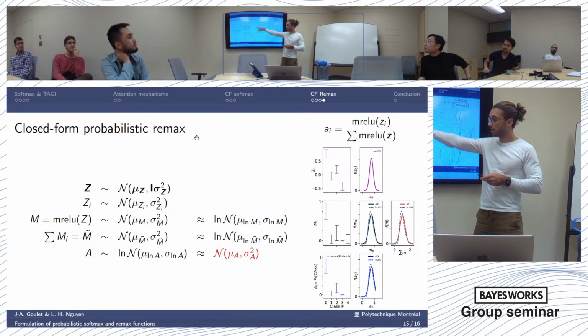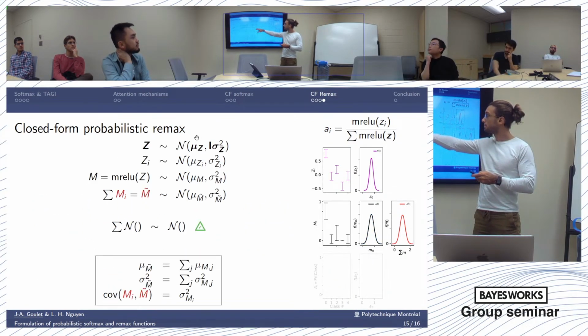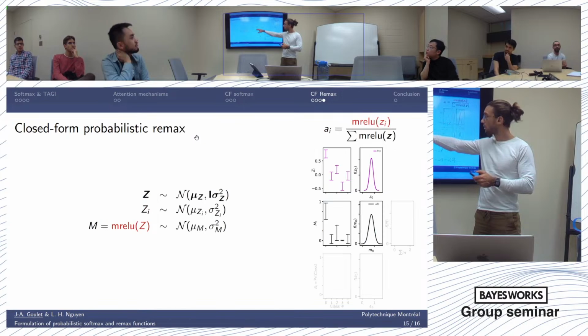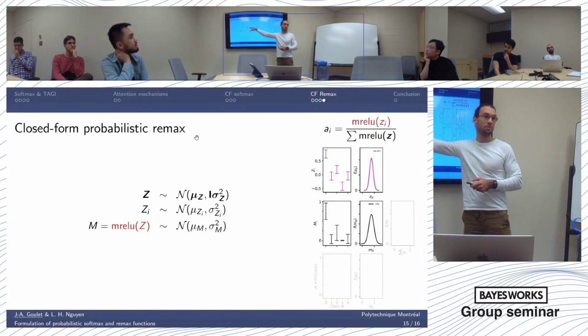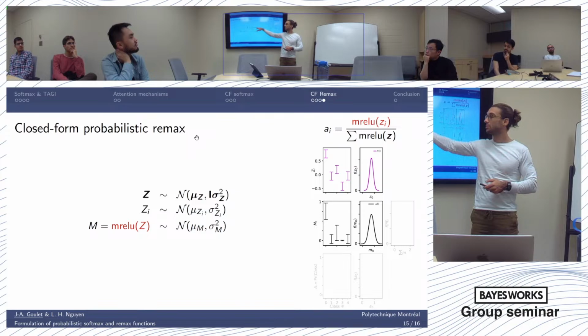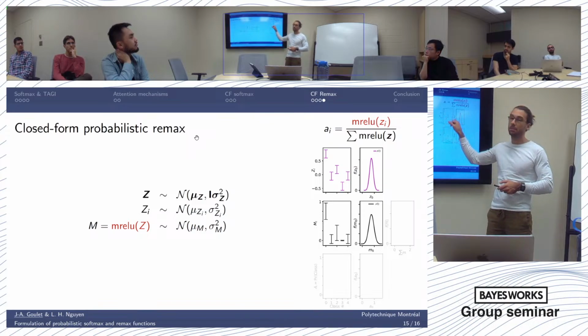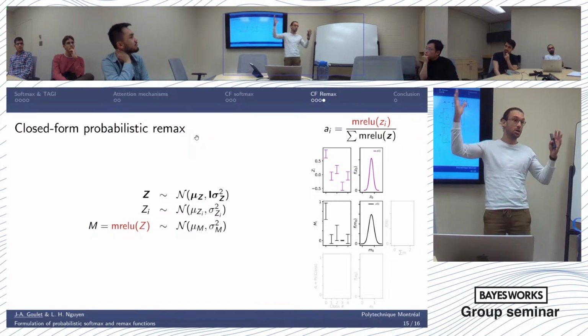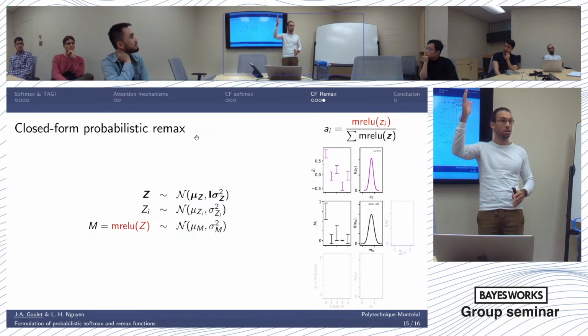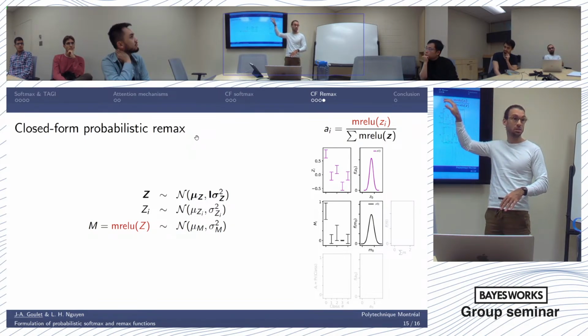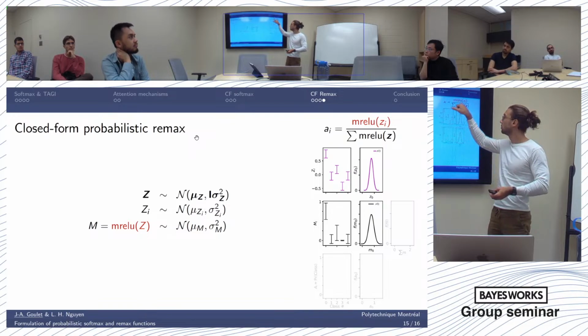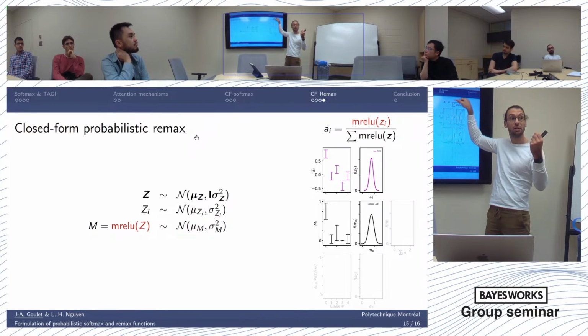So what I'm going to do is, let's go back. I have my vector z. I'm going to draw 10,000 samples of this 5-dimensional vector. So I'm going to have a matrix 10,000 by 5. I'm going to pass each one of those lines into MReLU or remax or softmax, where each component I take MReLU of the sample itself, divided by the sum of MReLU of all the samples.